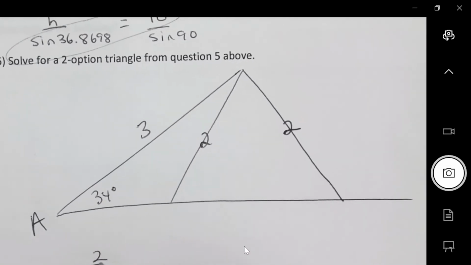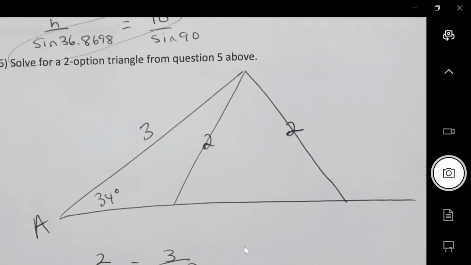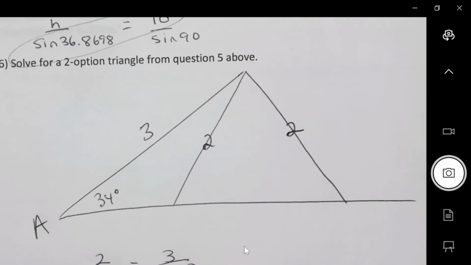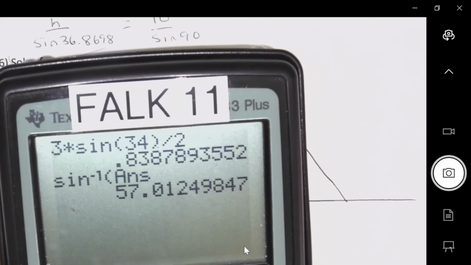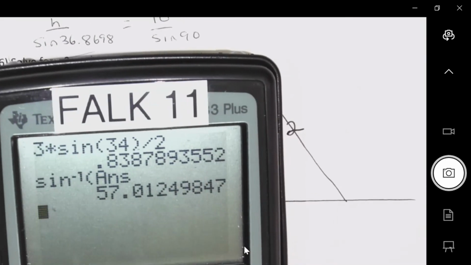So 2 over sine 34 equals 3 over sine B. Okay, times, divide, inverse. Okay, so my calculator is giving me 57 times, divide, inverse.